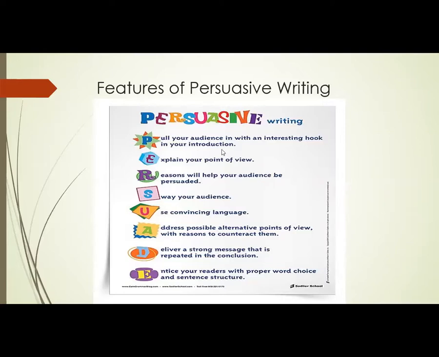For example, when you are introducing something, any product, for example a mobile phone or something which you want to sell, what you are trying to do in the first thing is to do something very interesting so that you can pull your audience's attention.